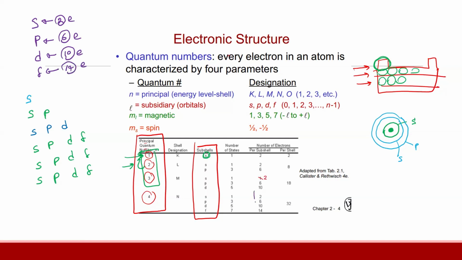So you need to know this number of electrons in different subshells. S can hold 2, maximum 2. You don't have to have 2, but S can keep 2 electrons. P can keep 6, D can keep 10, F can keep 14. Is that clear?